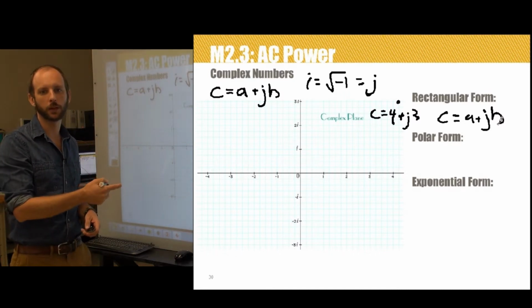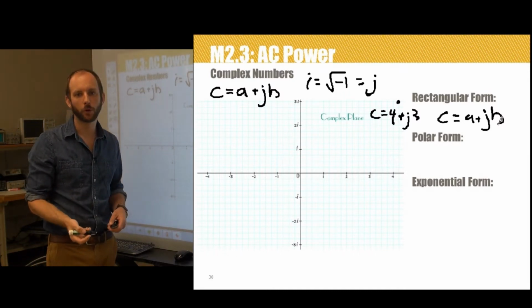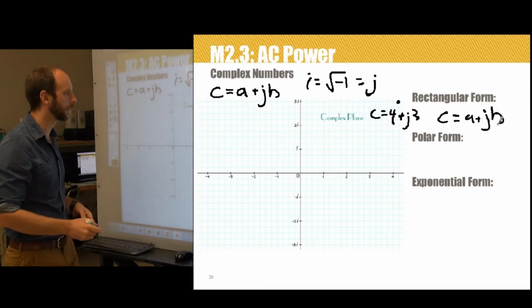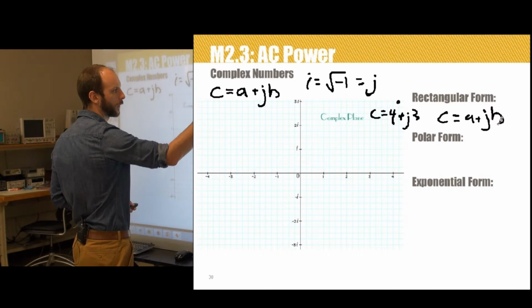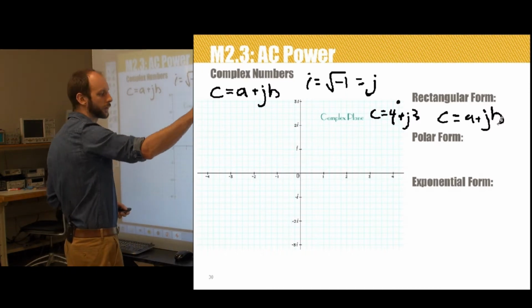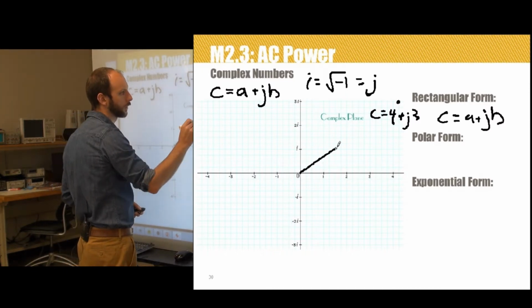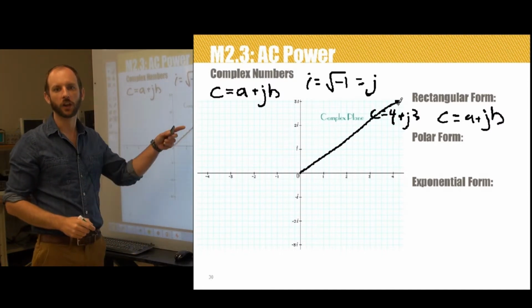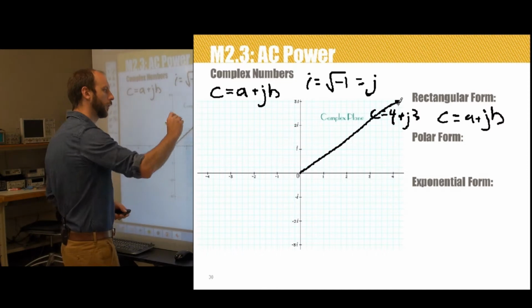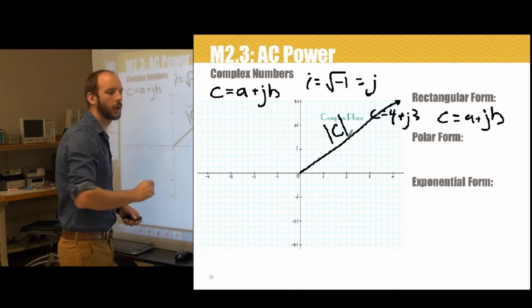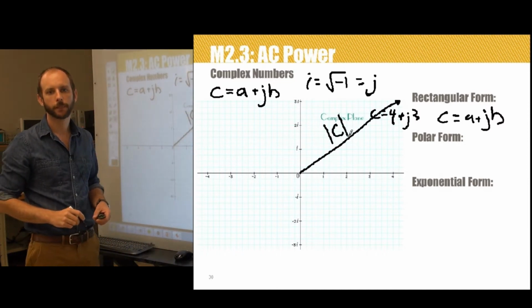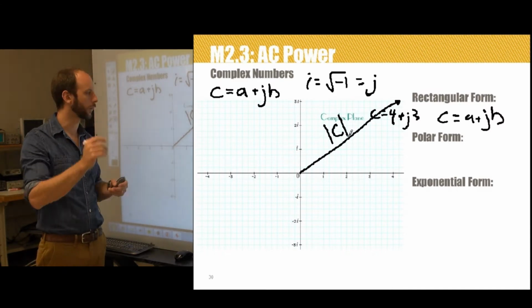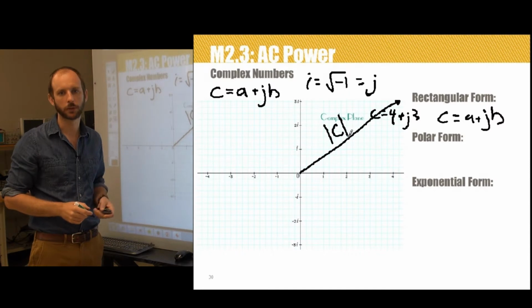An alternative complex notation is to use polar form, in which the complex number is represented as a vector in terms of magnitude and direction. So if we want to represent this point as a vector, we draw a line extending from the origin to the point. The length of the arrow is the magnitude, so we will call that the magnitude of C, and it's usually denoted with these bars, |C|. Those two straight lines just mean magnitude.